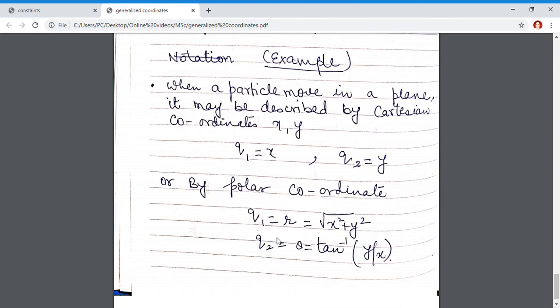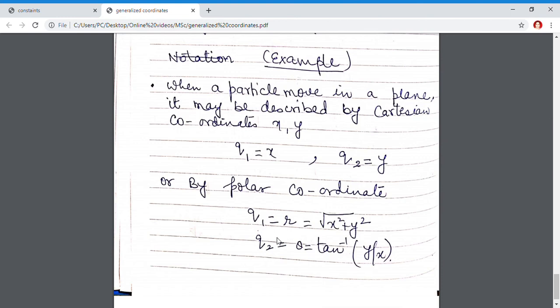And there were two difficulties that were involved by using constraints. These two difficulties were that there were force of constraints which were not specified, and another difficulty was that coordinates are no longer independent. They are connected by equation of constraint. And we have resolved these two difficulties.